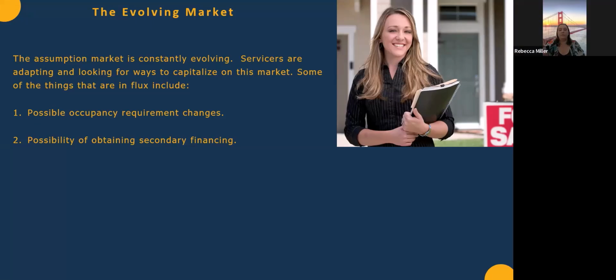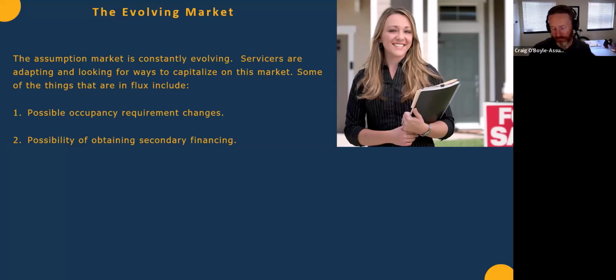The guidelines don't specify that once you own it and want to pull a HELOC, that HELOC needs to be assumable. Right, it's only at purchase. The purchase is the issue.